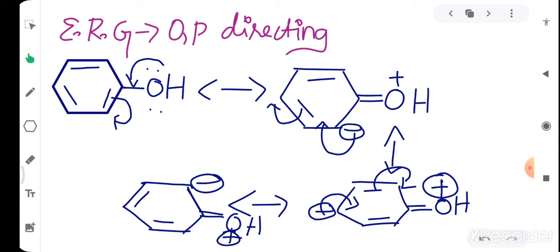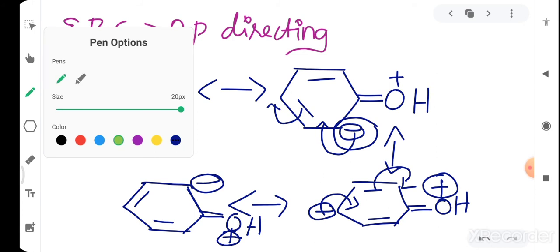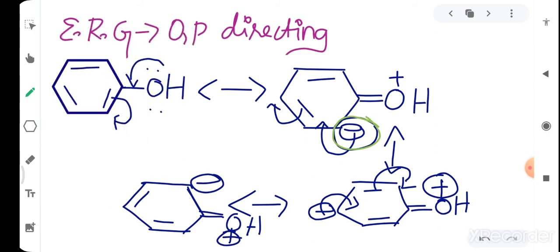So now you can see that there is a negative charge at the ortho position. This is the ortho position, this is the para position just opposite to each other, and this is the other ortho position. If you see, they are adjacent to each other, so ortho position, and this is just opposite to each other, para position.